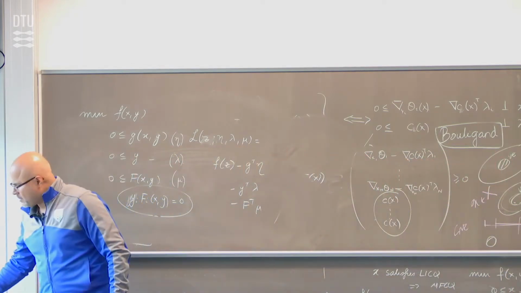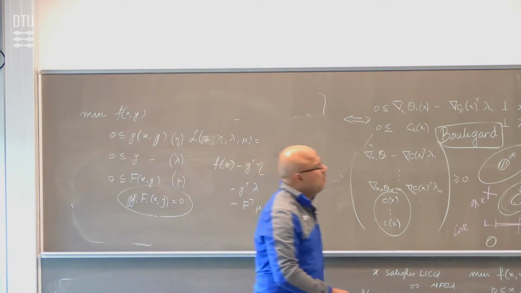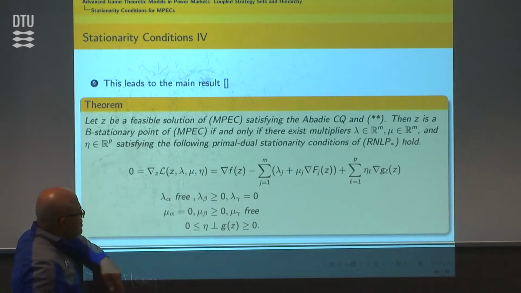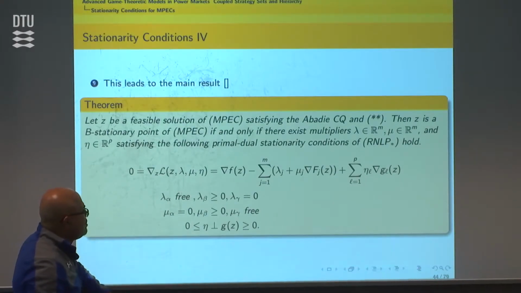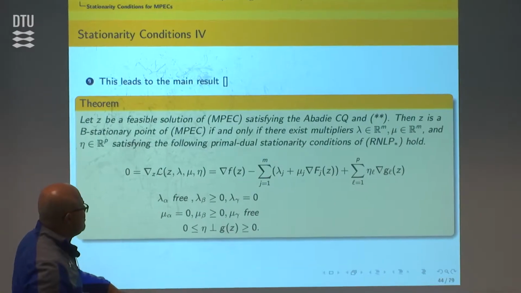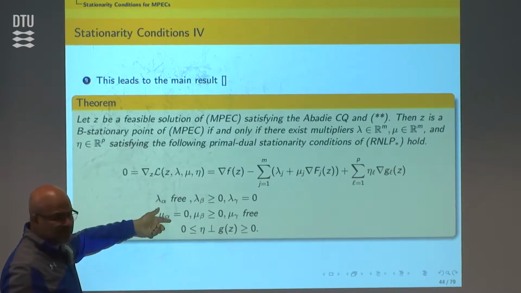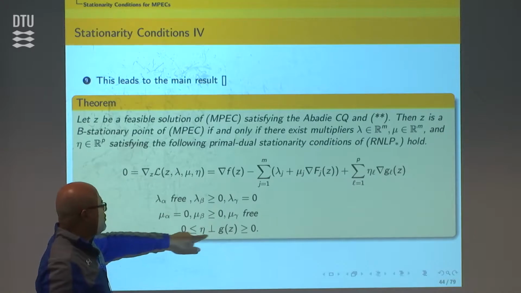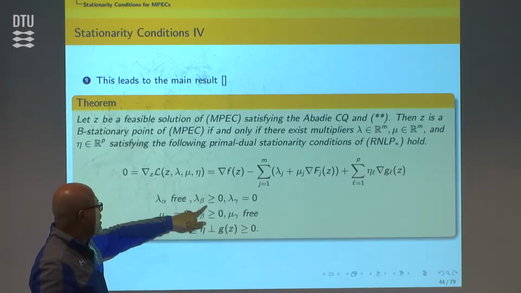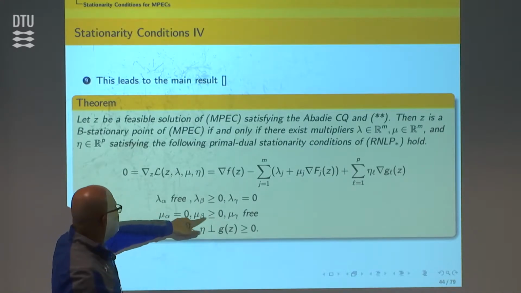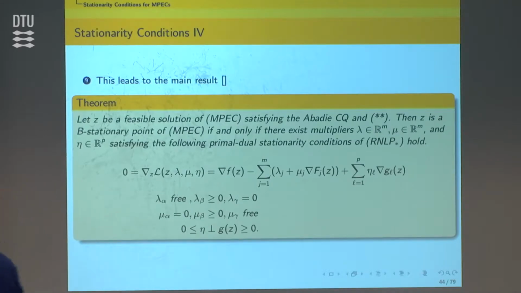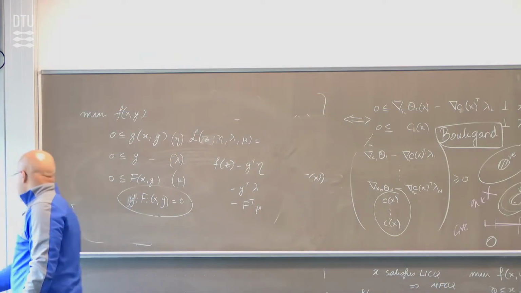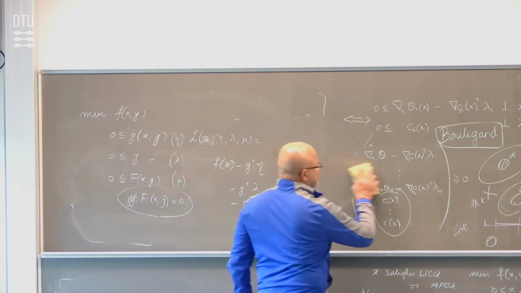Okay. So now if you write down the KKT conditions using the MPEC Lagrangian, these are the KKT conditions. What you have is complementarity with respect to G, and then corresponding to each of these you use those active sets that I gave you. So let me just make sure everybody understands that.